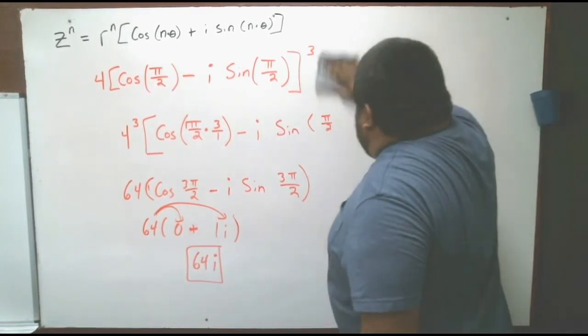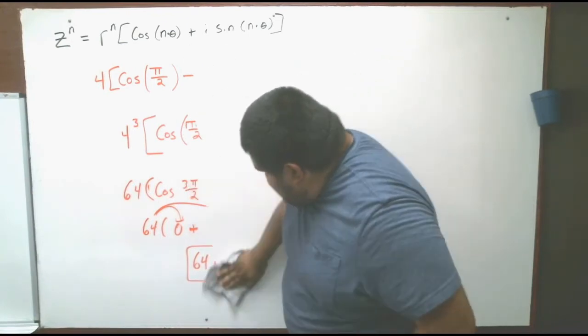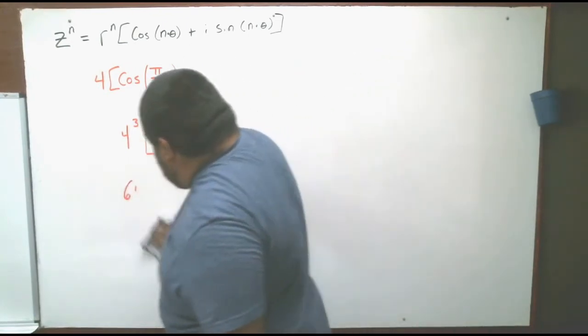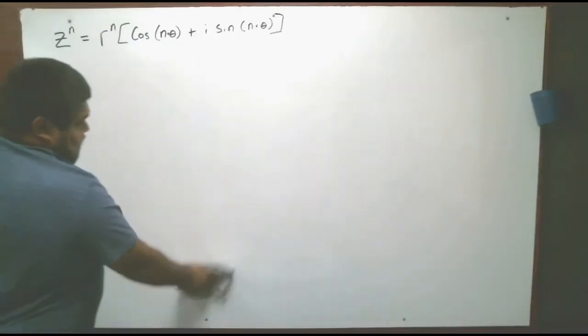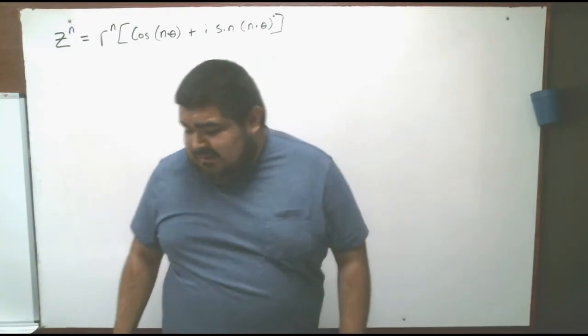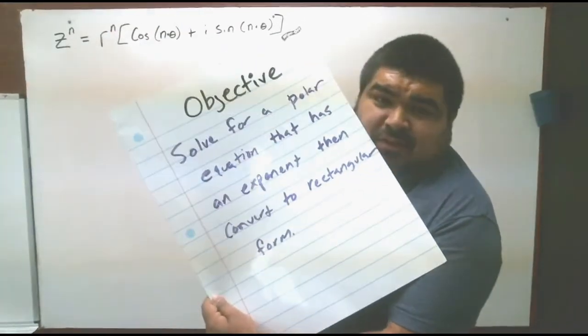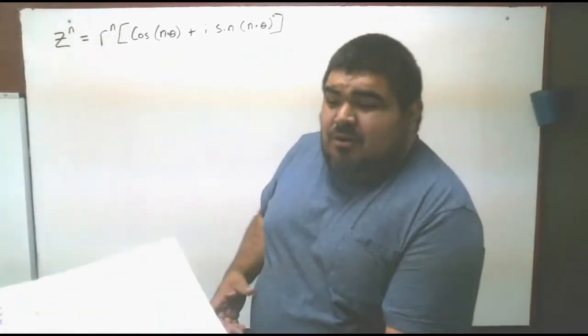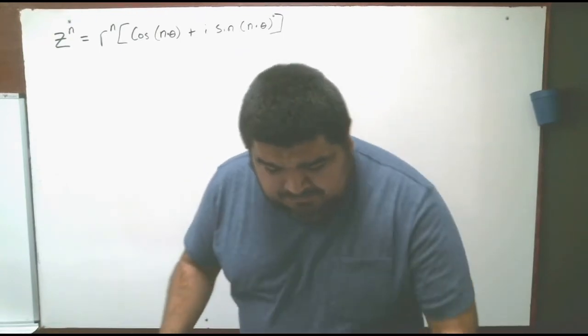Alright, so here's your assignment for today. Remember, our objective was not only to solve the equation, but also to convert it, which is what we're doing at the end. We're converting it. Okay?